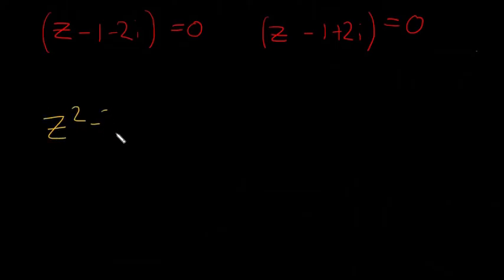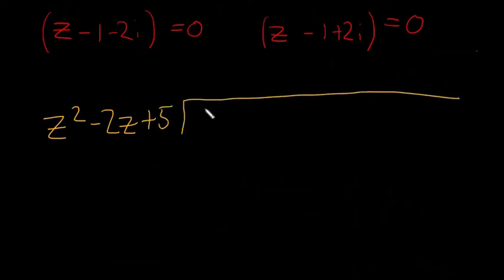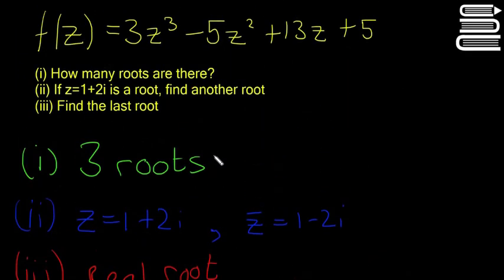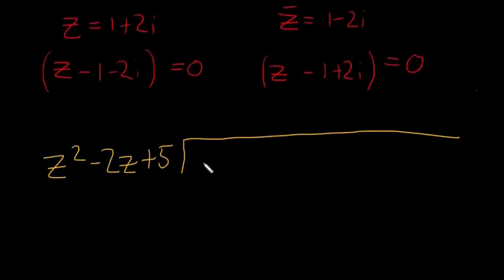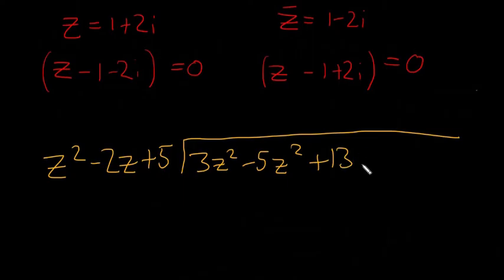Z squared minus 2z plus 5, algebraic long division, into 3z cubed minus 5z squared plus 13z plus 5.